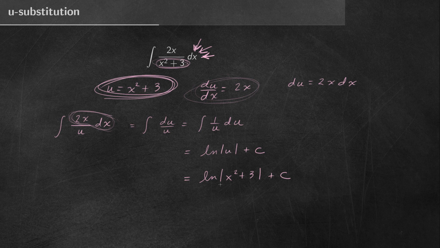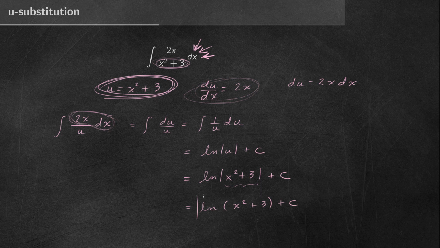However, now that I've substituted x squared plus 3 back in for u, I can see that this is always positive. x squared is either 0 or it's positive, and then when we add 3, we get something that's positive. So it would be okay in this problem to drop the absolute value and just say it's the natural log of x squared plus 3 plus c.